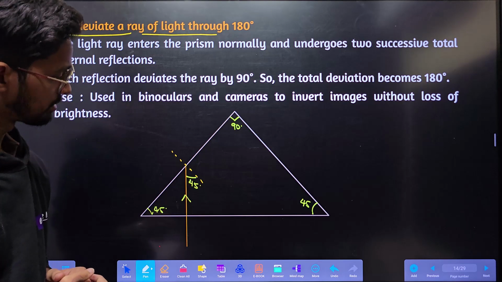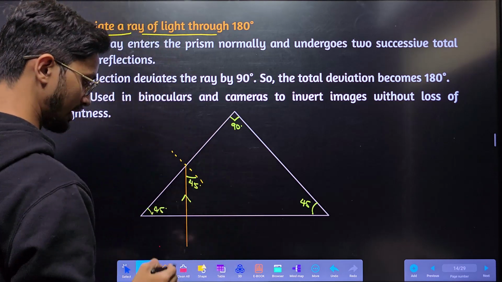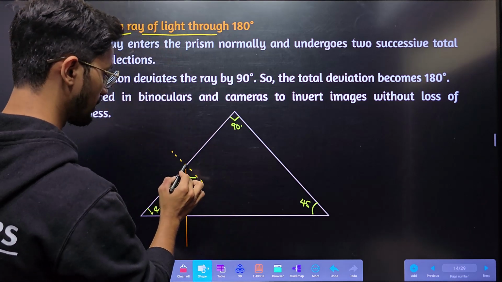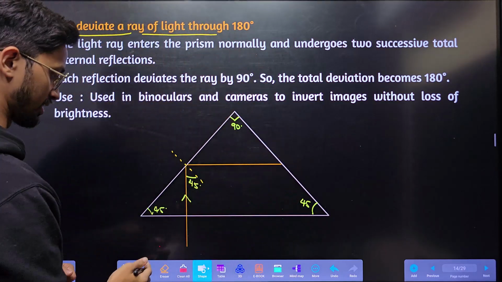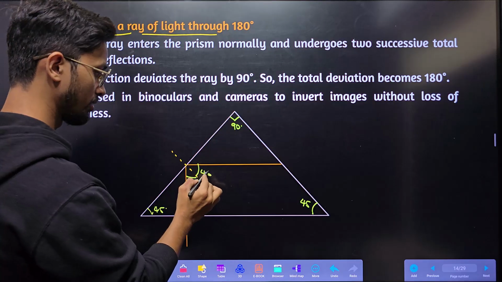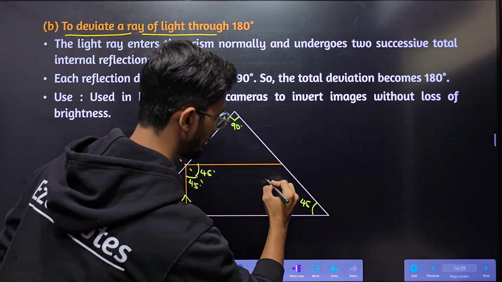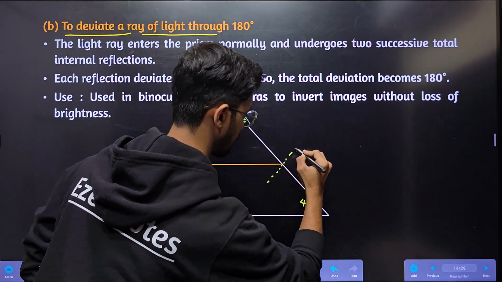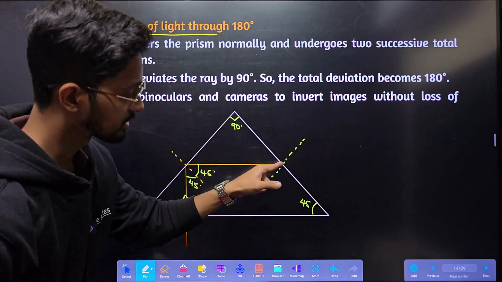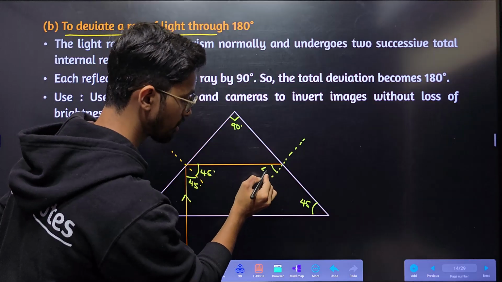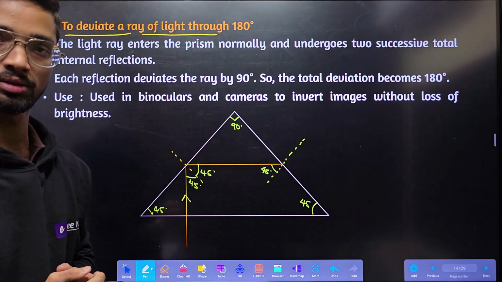Simple. So what happens? It gets totally internally reflected like this. Now it got reflected by an angle of 45 degrees. So again, this is normal now. Now again, this is 45, this is 90, so this will also again be 45 degrees.